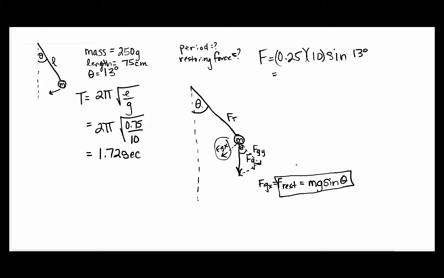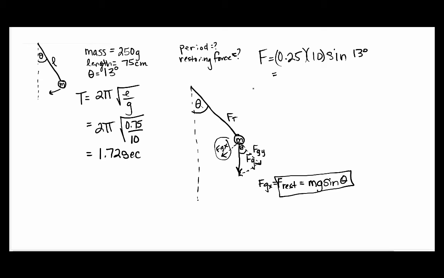So what you have to realize is that essentially the larger this angle is, the higher up your pendulum is, the more restoring force you're going to have. So it's going to want to come down with more force. So if you have a very small angle, this force gets smaller. If you have a very large angle, the force gets bigger and bigger.